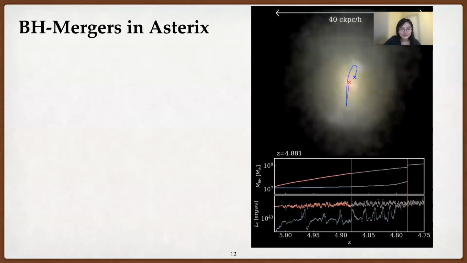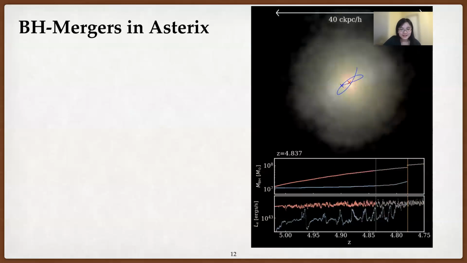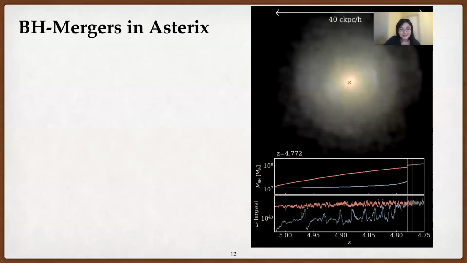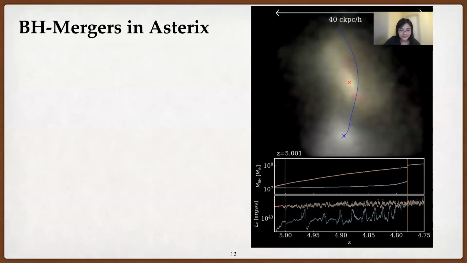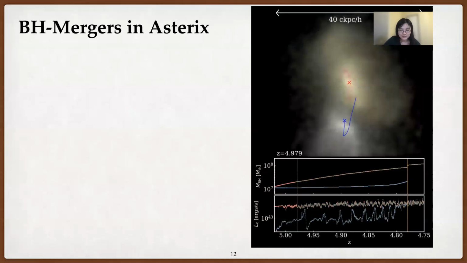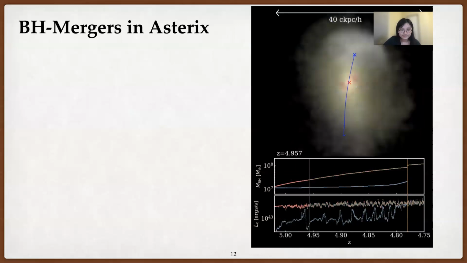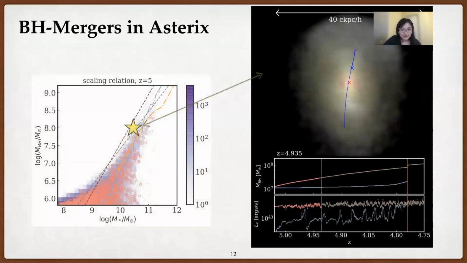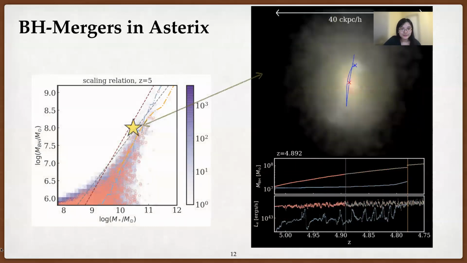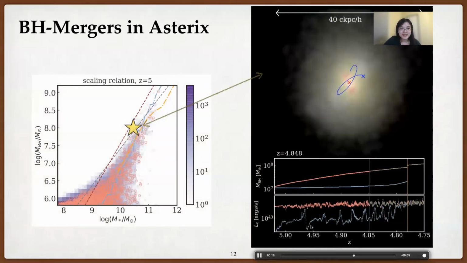The dynamical friction will dissipate the black hole velocity gradually until the two black holes are fully gravitationally bound, and then they will merge. This implementation gives us a more physical prediction of black hole mergers in the context of cosmological simulations. The example shown here is for a pretty massive system with about 10 to the 10 solar masses.